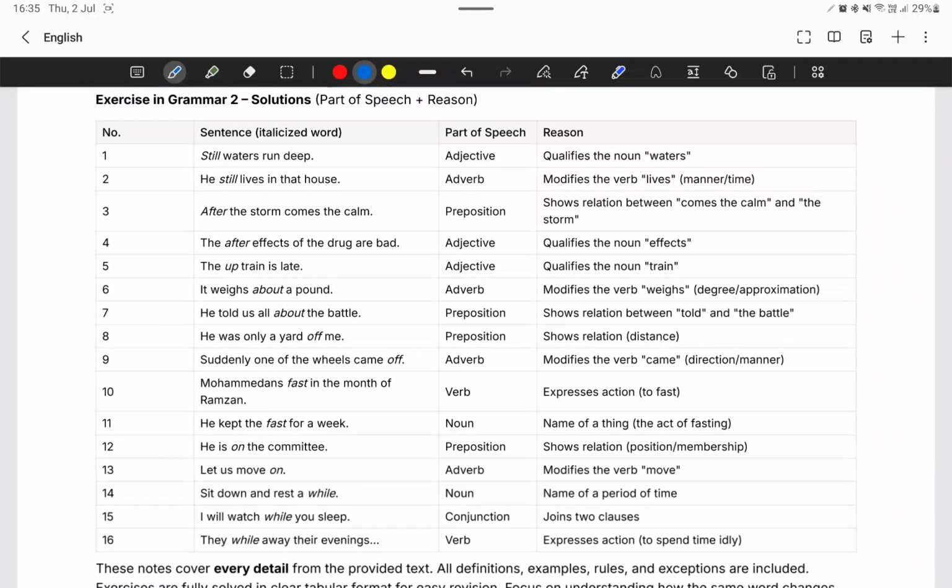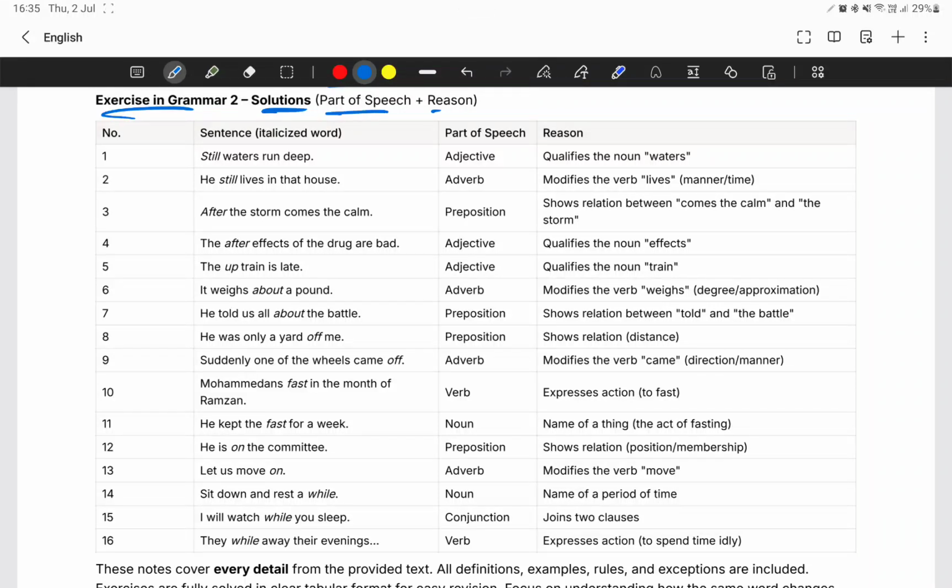Now, next we have English grammar exercise part 2 solutions. It's all about the part of speech plus the reason why it is that part of speech. So first sentence: still waters run deep. Here 'still' qualifies the noun 'water'.